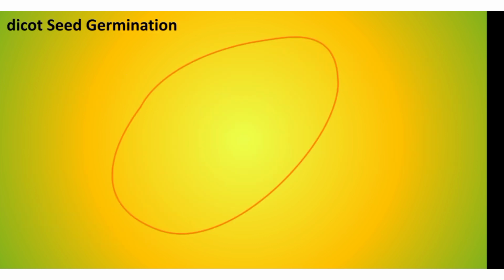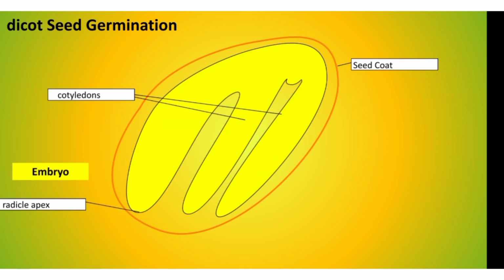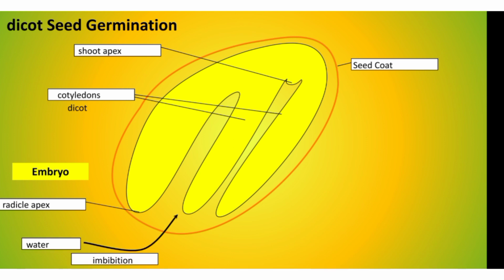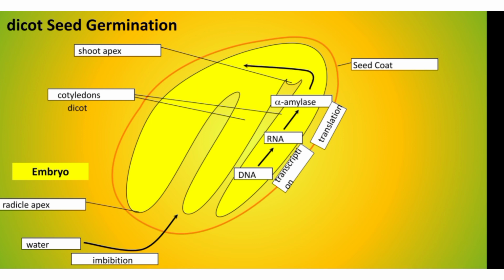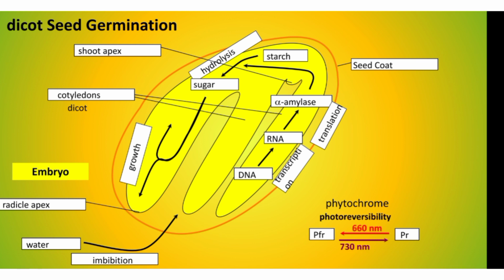So for the seed germination, like mango, so embryo, the radicle apex, cotyledons, the seed coat, the same parts like monocot, but then have different shapes. So hydrolysis, the sugar, and the growth. So you see, we have now here the phytochrome photoreversibility, which is the Pfr 660 nanometer and 730 nanometer.